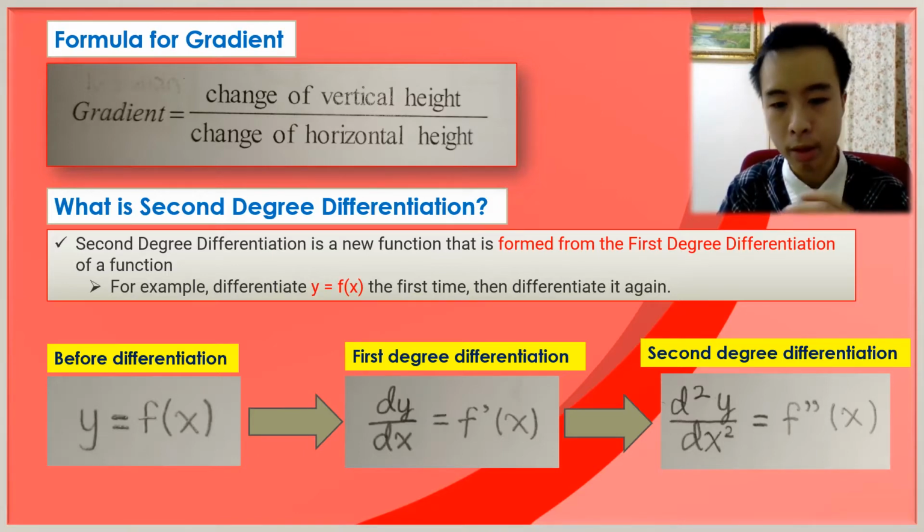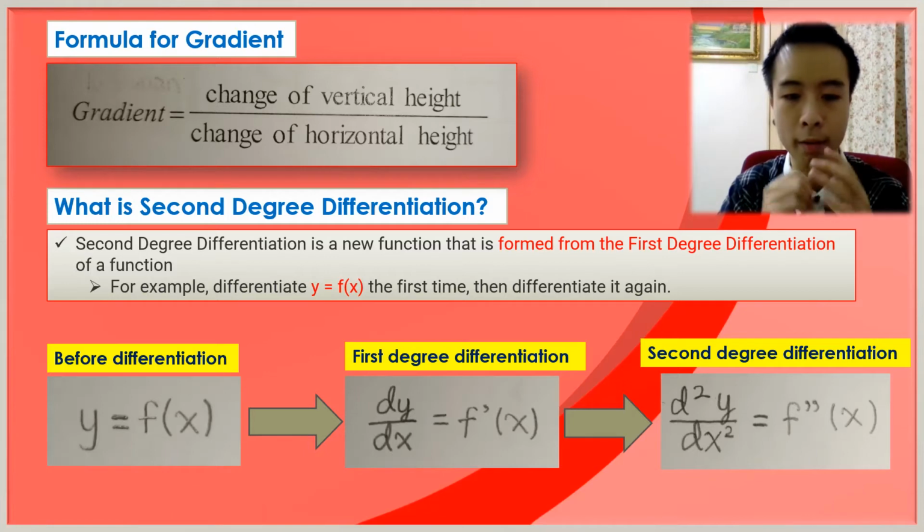In other words, we differentiate the equation y equal to a function of x the first time, then with the answer we got, we differentiate one more time. This is what we call second degree differentiation, with the symbol d square y over dx square.